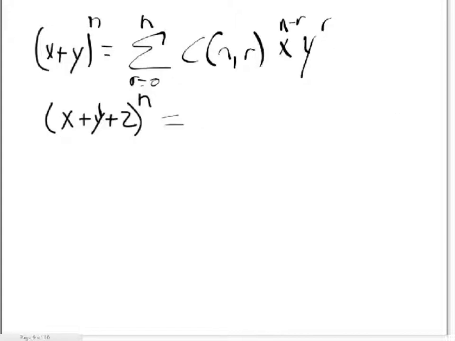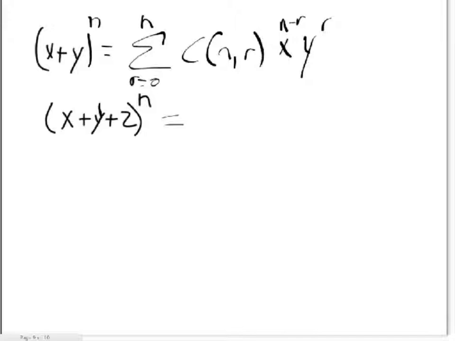An easy way to understand this is using the binomial theorem, which we all know to be (x plus y) to the n equals the summation of n choose r, x to the n minus r, y to the r. Now, to help us understand the multinomial theorem, we're going to add an extra element and go to the n, and then from there just use m elements, where we don't know how many elements m is.